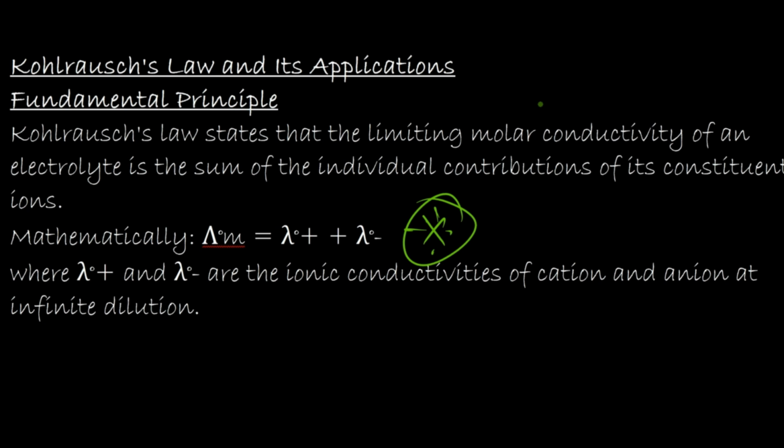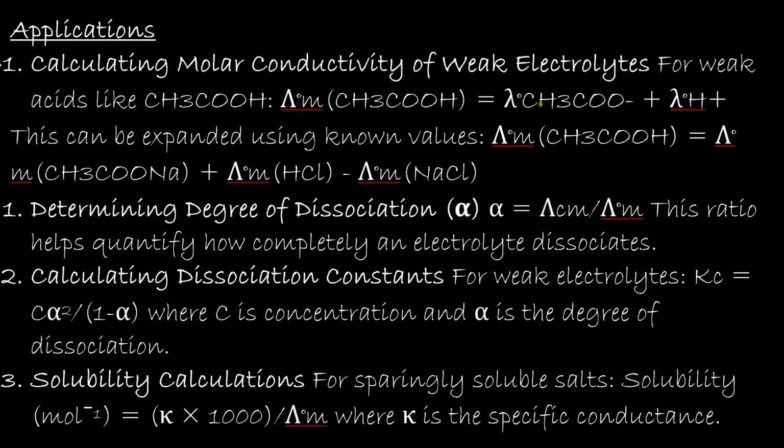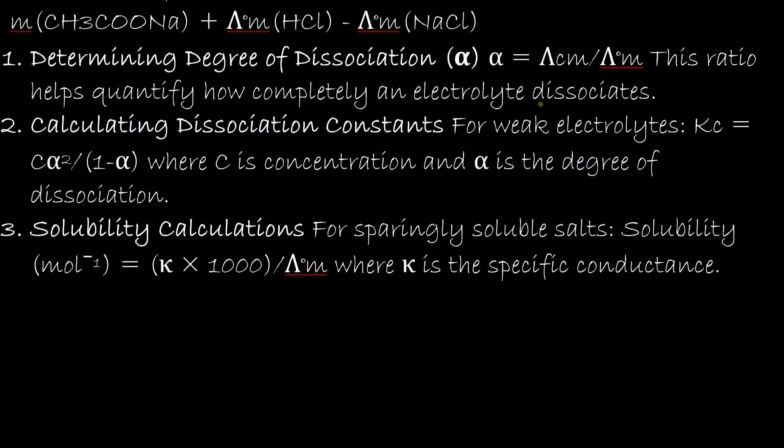So the ionic conductivities of cation and anion, we have to sum them to find the molar conductivity, which can be used for acetic acid, HCl, in these methods. For finding the degree of dissociation, alpha is equal to Lambda C m by Lambda naught m.